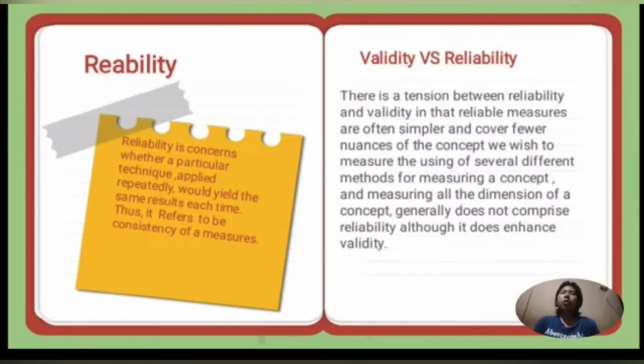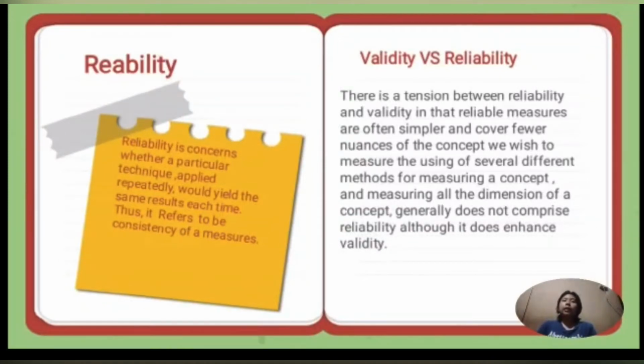Reliability is concerned with whether a particular technique applied repeatedly would yield the same result each time. It refers to the consistency of a measure. We can depend on a reliable measure but cannot depend on a reliable measurement. The stability or consistency of our measurement, however, does not guarantee the accuracy of our measurement.